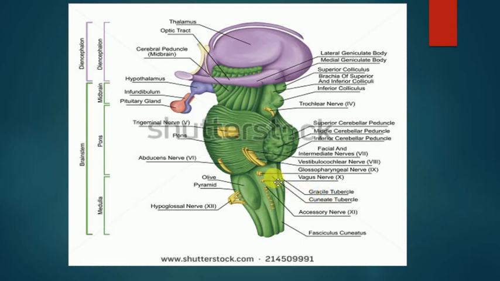Gracile tubercle and cuneate tubercle, fasciculus cuneatus, hypoglossal nerve 12. Here we can see the olive and pyramid. This is the medulla. The whole portion is medulla.